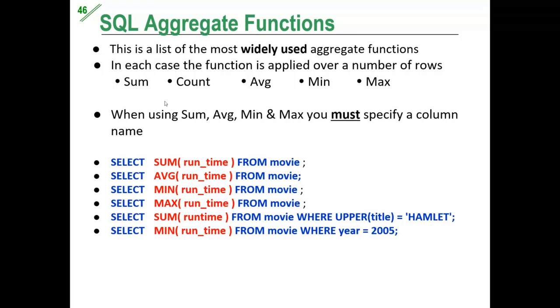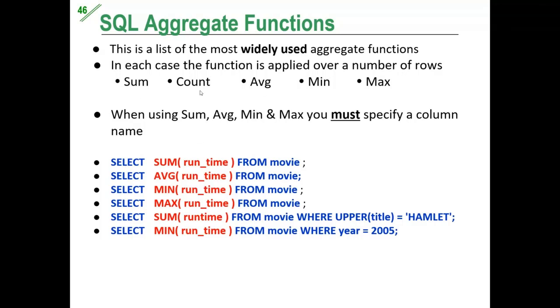Count actually counts the number of rows, okay? And average is average. If you want to find out the average value of a certain column, I can use average. Minimum means minimum, right? If I want to find out the minimum value in that column, I can use the min function. Max is the other way around, the maximum value in a particular column.